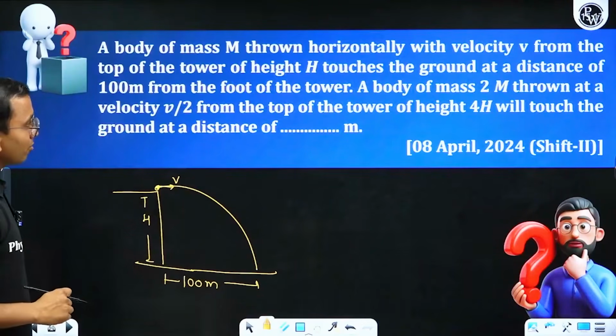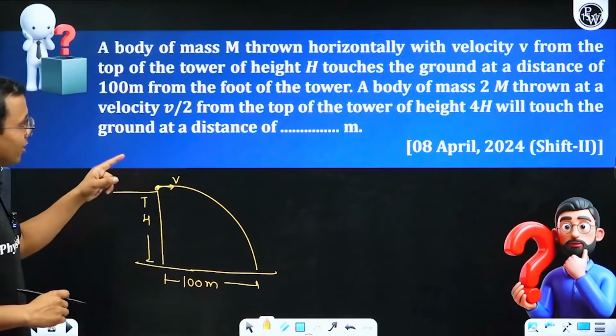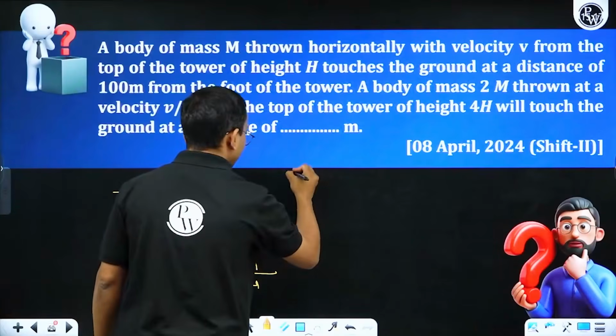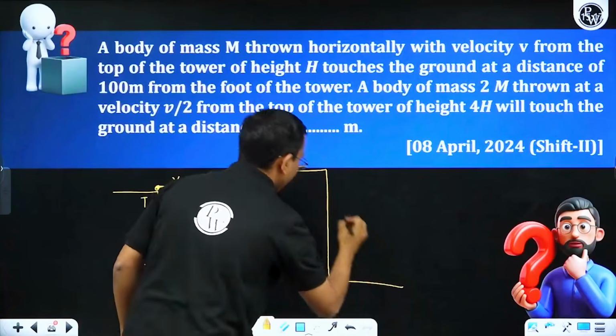A body of mass 2m is thrown at velocity v by 2 from the top of a tower of height 4h. Now next case, the height is greater. Let us take this as 4h.